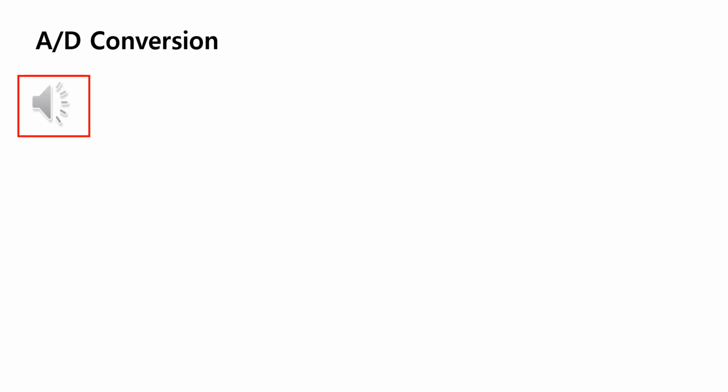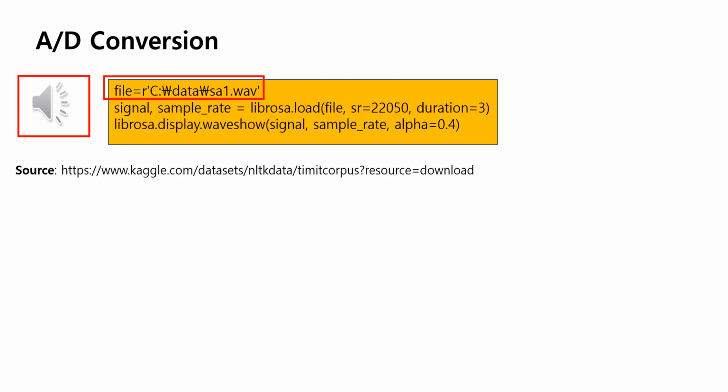You can do it with Python given a signal like this. If this sound file is saved in a path somewhere, you can load it with the librosa load function.